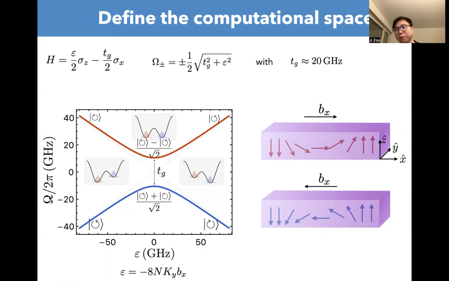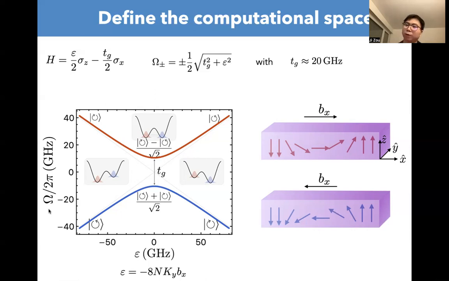As you can see, when we apply a magnetic field in the positive x direction, we get a negative detuning, and in this case the positive chirality state is preferred. We can use this as an approach to initialize our state into states with certain chirality.